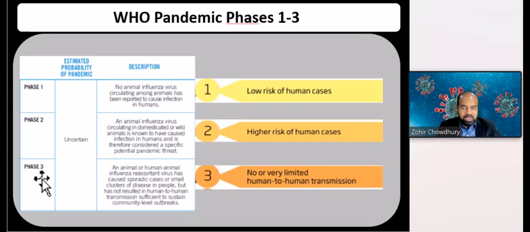Whereas in phase 3, an animal or human-animal influenza reassortant virus has caused sporadic cases or small clusters of disease in people, but has not resulted in human-to-human transmission sufficient to sustain community-level outbreaks. Limited human-to-human transmission may occur under some circumstances, for example, when there is close contact between an infected person and an unprotected caregiver.